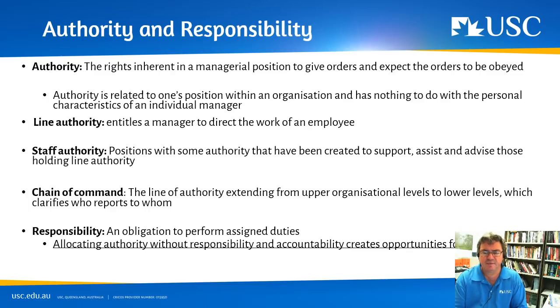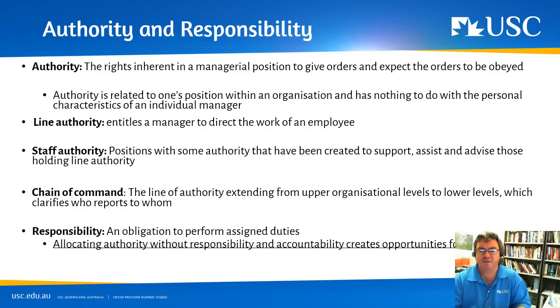Staff authority, these are positions that, as it says, created to support line authority, but they'd be more like positions of HR managers, for example. As a manager, I might not report directly to the HR department. The HR department would be there to assist my manager to manage me and my peers in that group.